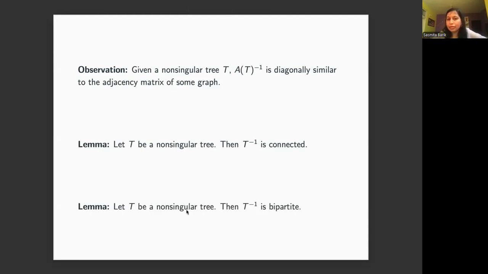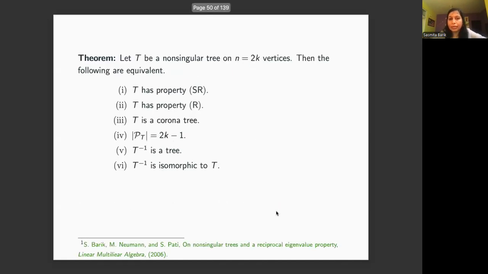If T is a non-singular tree, then T inverse must be bipartite. And then when we worked further, we got that these are all equivalent when you are considering a non-singular tree. So if T is a non-singular tree on 2k vertices, obviously when it's non-singular, the number of vertices will be even.